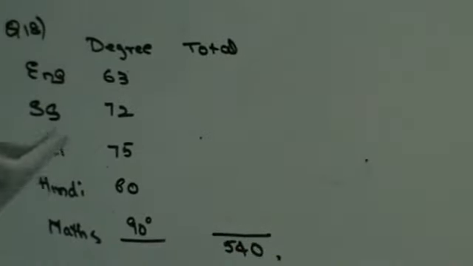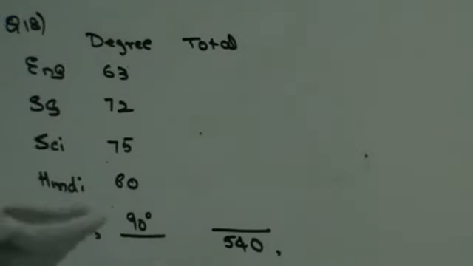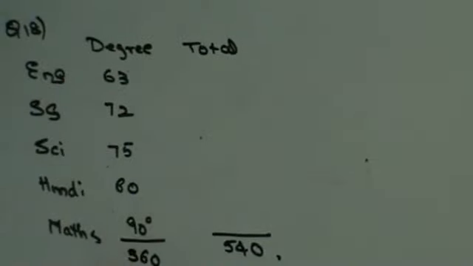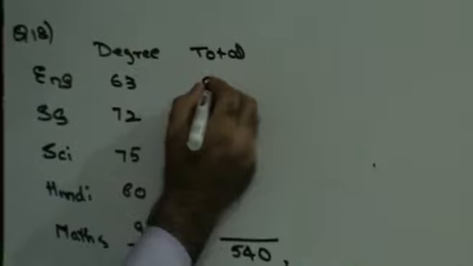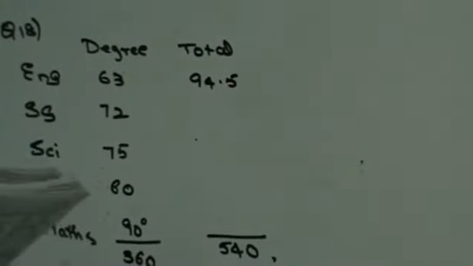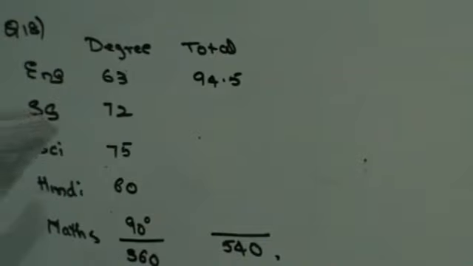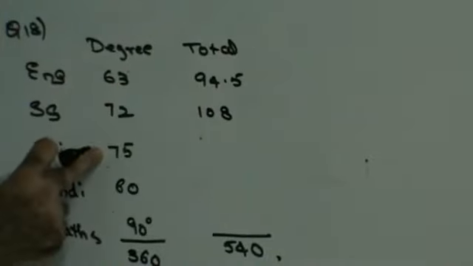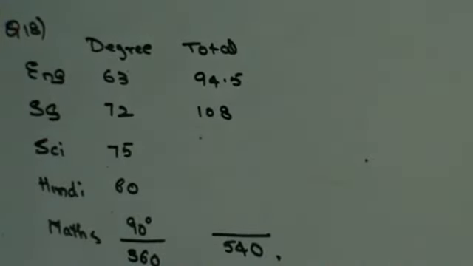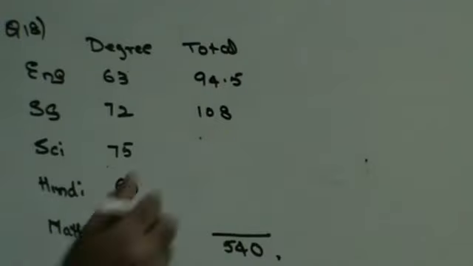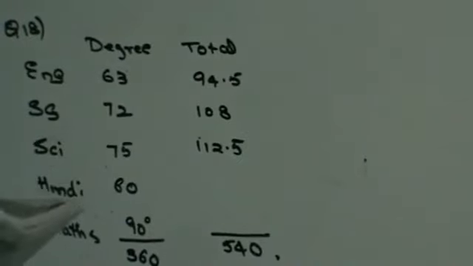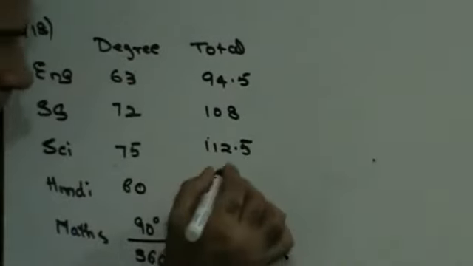Now, how much must he have scored in English? 63 divided by 360 into 540, which is going to be 94.5. 72 divided by 360 into 540 is what he's going to get in social science, that's 108. 75 divided by 360 into 540 is science, that is 112.5. 60 divided by 360 into 540 is Hindi, that is going to be 90.